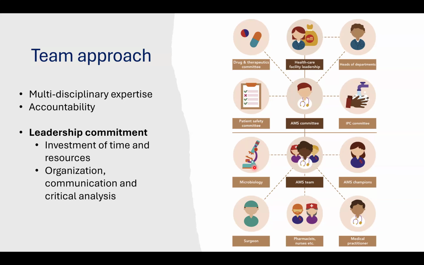There should preferably be a microbiologist who would give technical guidance on the antimicrobial growth and which agents would be suitable. Preferably, there should be a pharmacist or pharmaceutical expertise who can guide on the antibiotic, the proper doses, durations, and the medical practitioners or the surgeons, as I discussed.